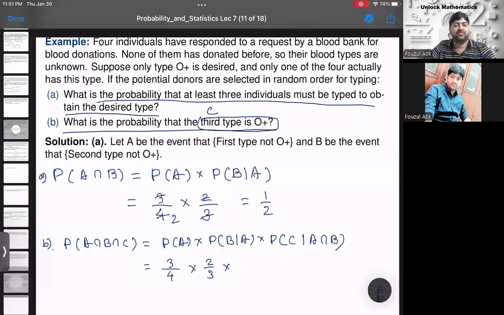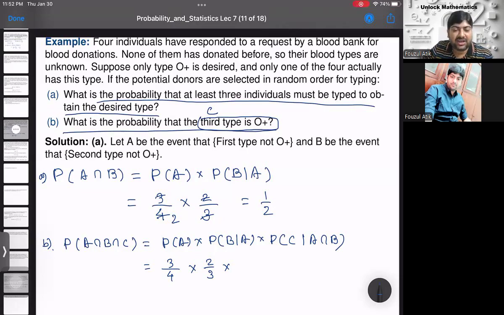Now think about P of C given A intersection B. It is the case that the third type is O positive, given that A and B have both already happened. And what were A and B? The first type is not O positive, the second type was also not O positive. These two already happened. And C is that the third type is O positive.